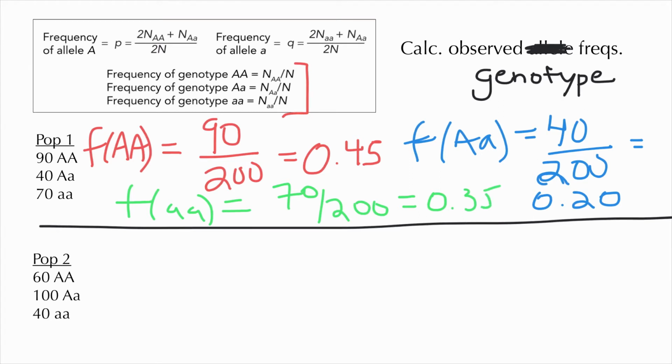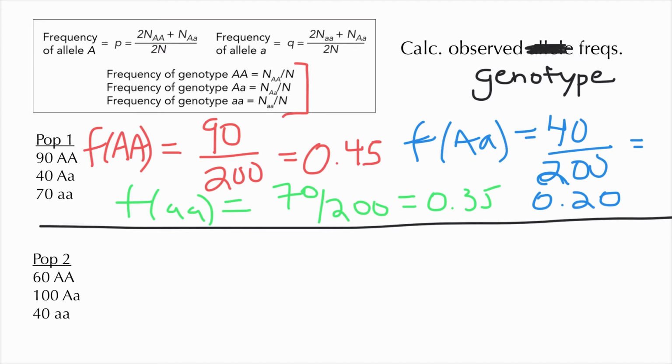And hopefully that adds up to 100%, and it does. And so that is the distribution of genotypes in population 1, basically saying that 45% of the population is homozygous dominant, 35% is homozygous recessive, and 20% is heterozygous.